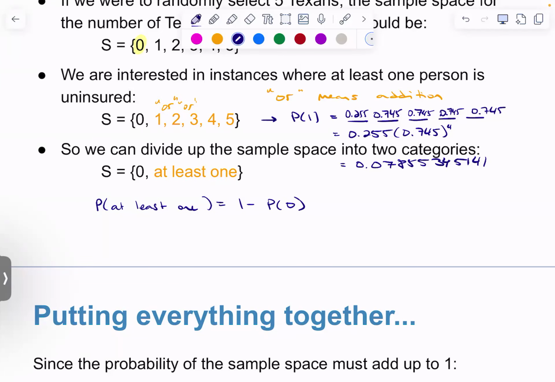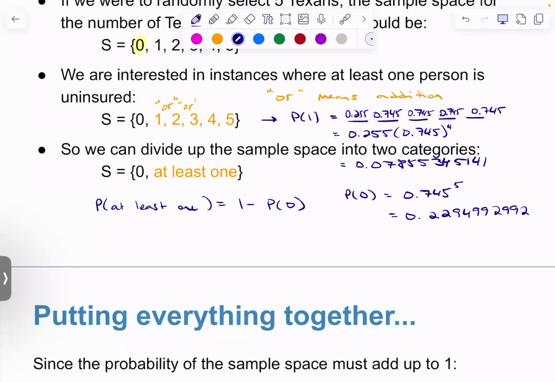Now you just need to find the probability of 0 uninsured and then remove it from 1. And so the probability of 0 uninsured is going to be 0.745 to the power of 5, which is 0.22949929992, and so on.